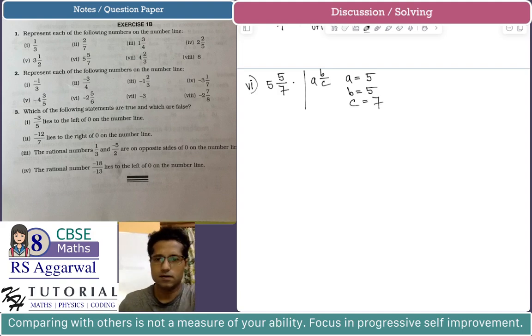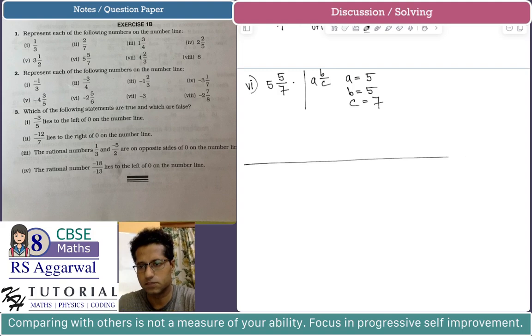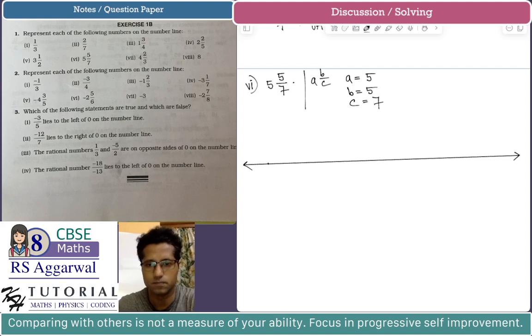Now how do we represent this rational number on the number line? We will take the straight line, the number line, and draw the endpoints, and we will take the origin O to represent the integer 0. Now remember that we need to take a point B, which will be at 5 unit distance from the origin O. Why 5?